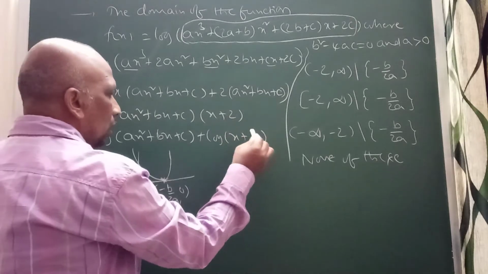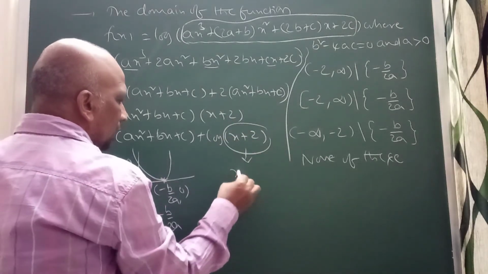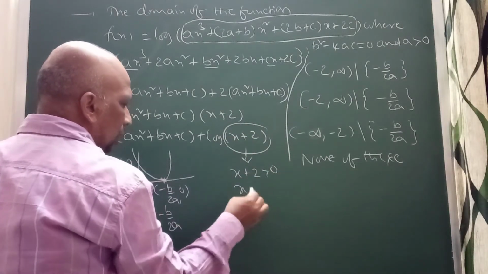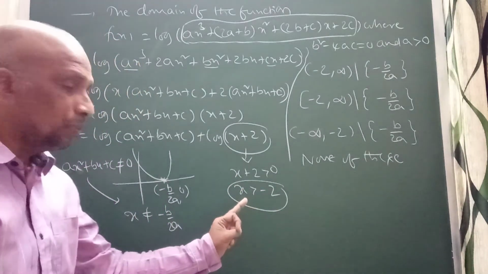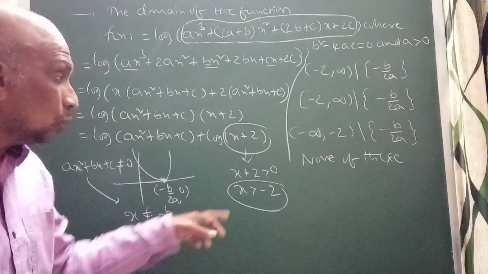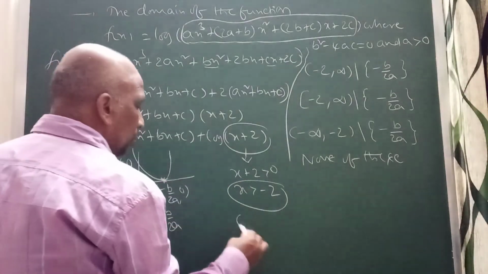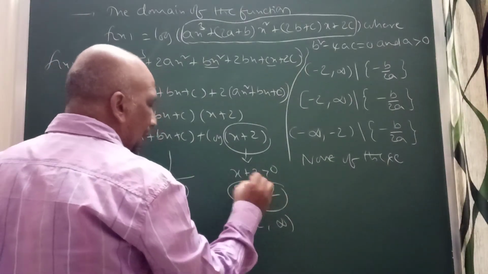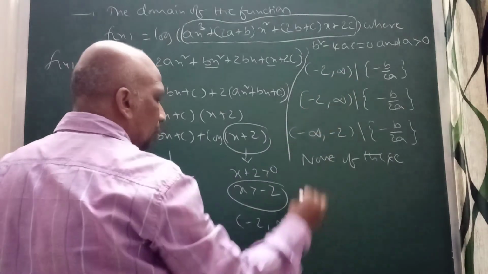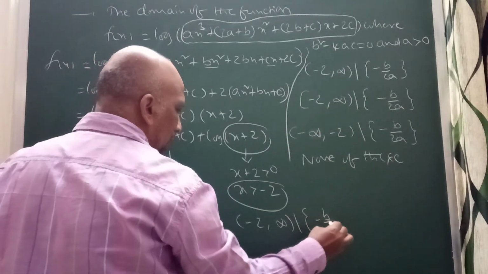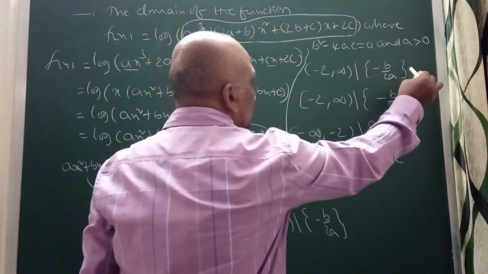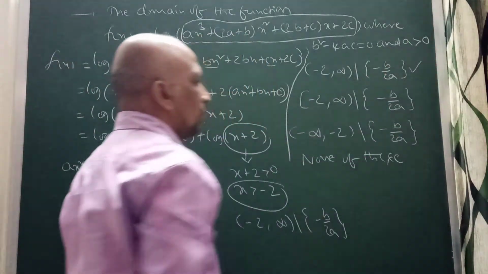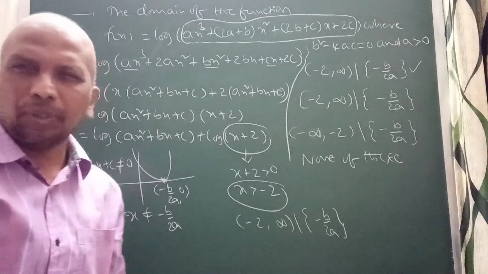For this one again, I can define x plus 2 greater than 0, x greater than minus 2, right? X value should be more than minus 2 and not equal to this. So more than minus 2 means you can think minus 2 comma infinity, except this one, right? Then I will except the set of minus b by 2a, correct? So this is your answer, first option, minus 2 comma infinity. So that will be your first option.